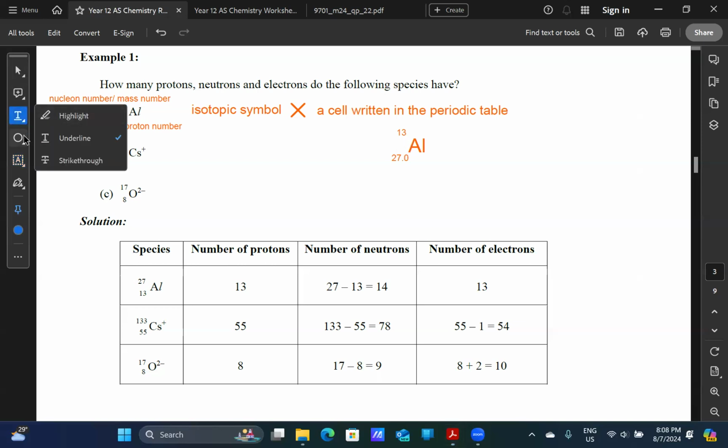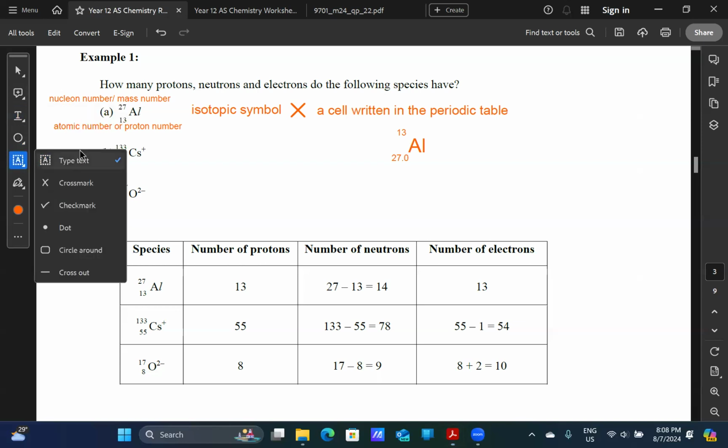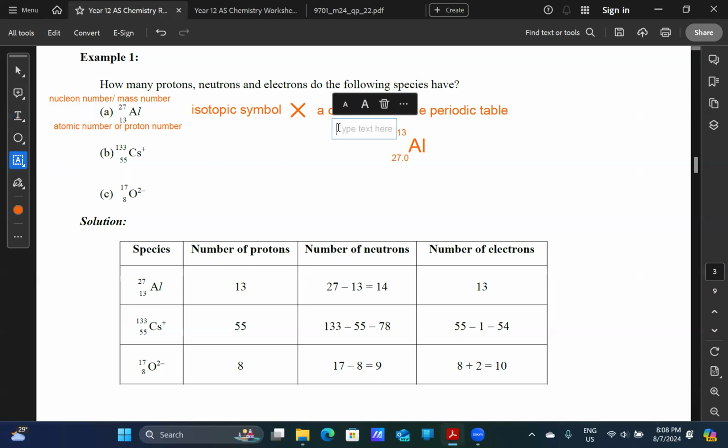It refers to proton number as well, but be careful with the value 27.0. 27.0 is not the nucleon number or mass number. 27.0 here is AR.